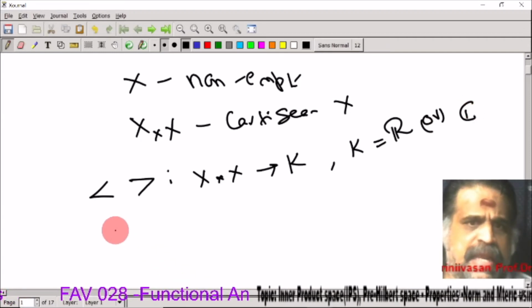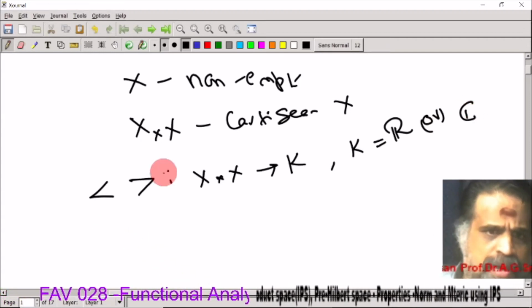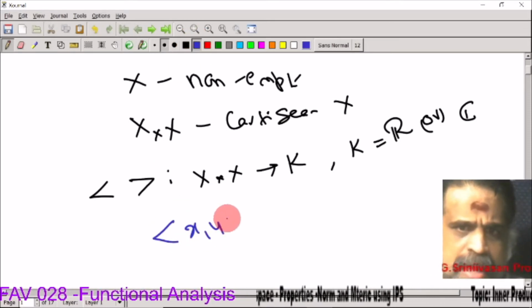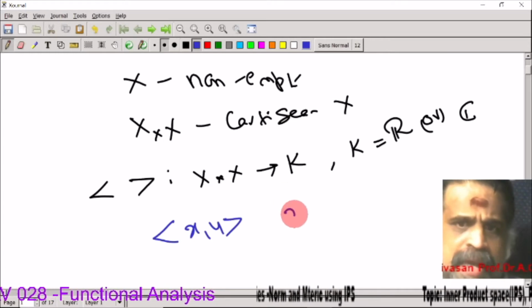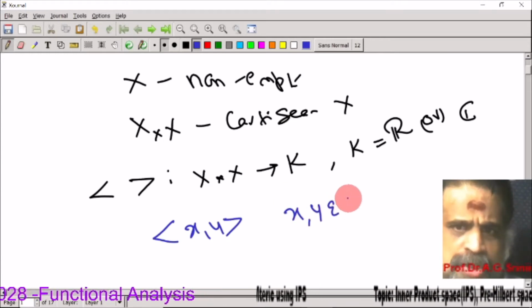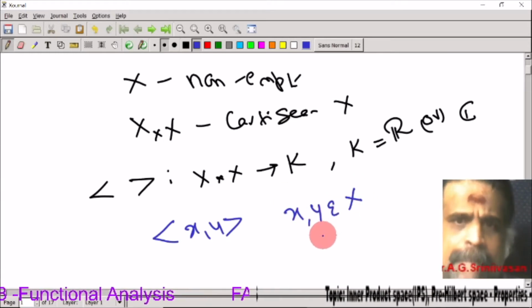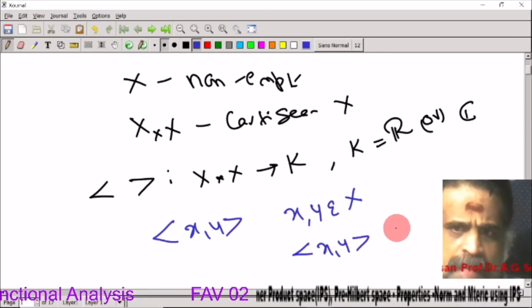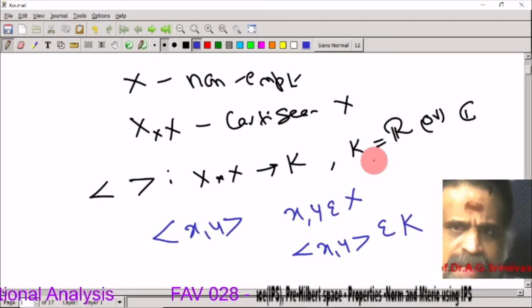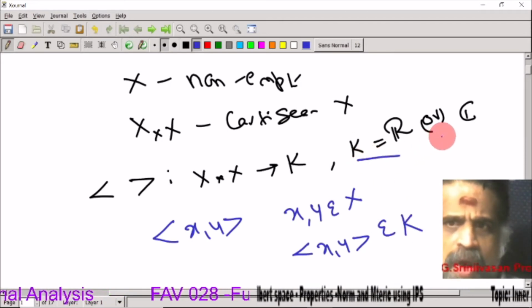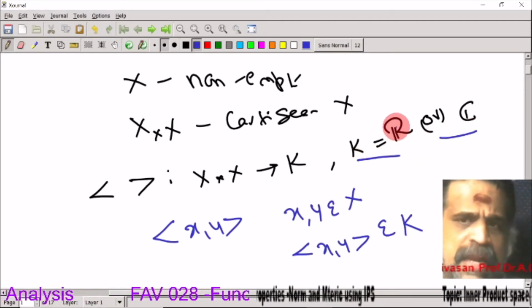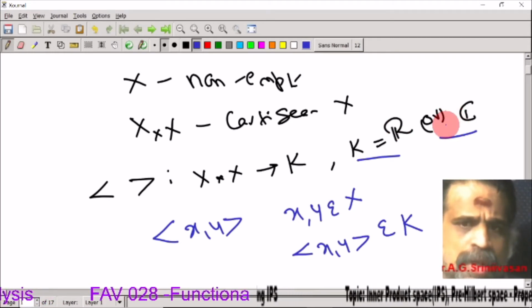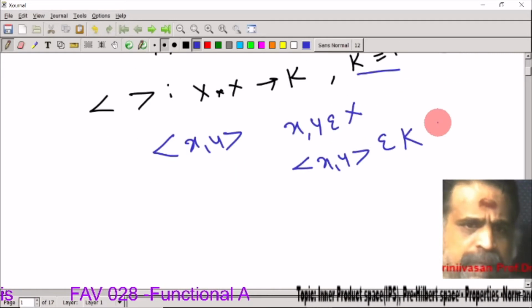So basically, if I write the inner product x comma y, it means that x and y belong to X as an ordered pair, and the inner product x comma y belongs to K, where K is either R or C. R is the set of all real numbers, C is the set of all complex numbers. So what is important here?